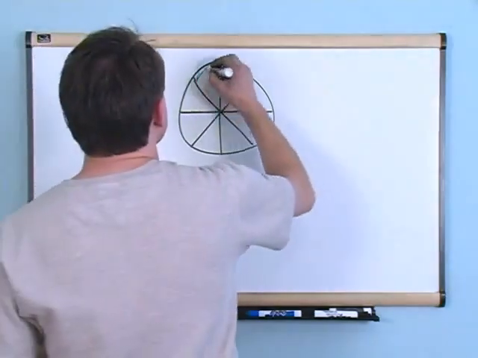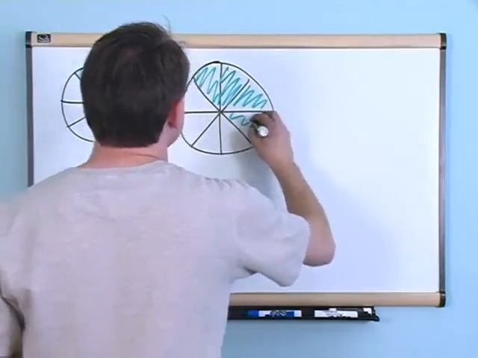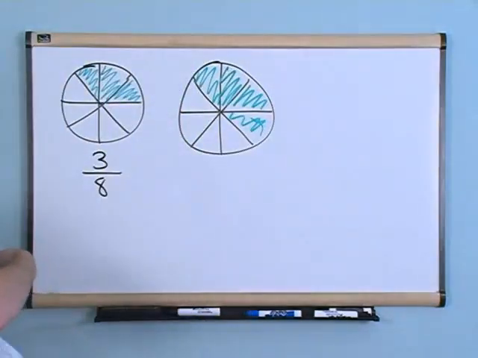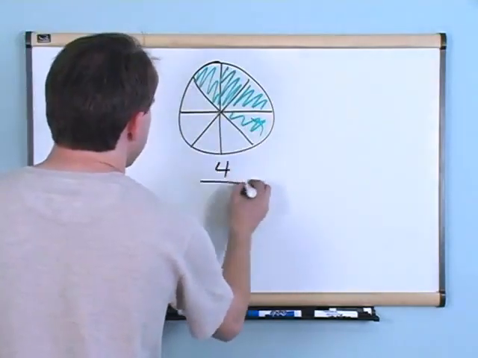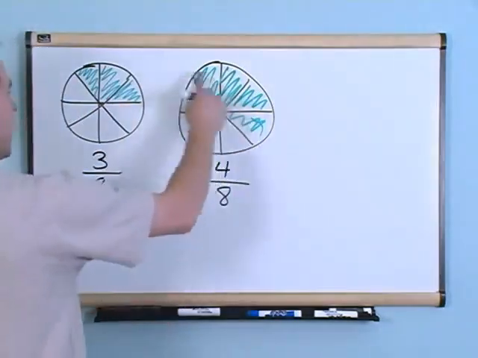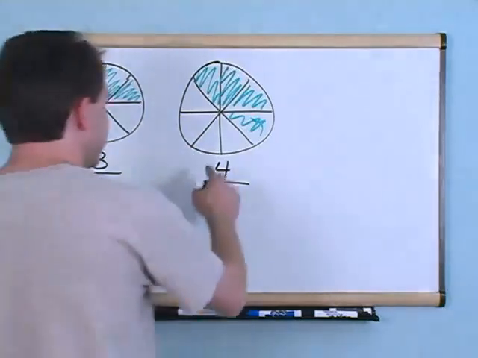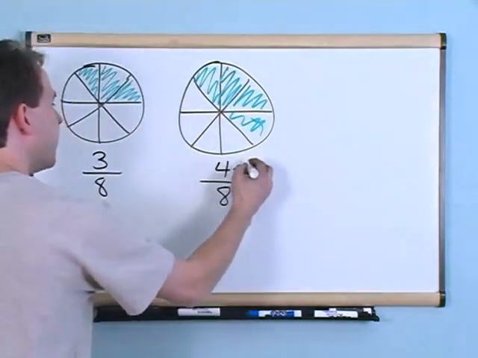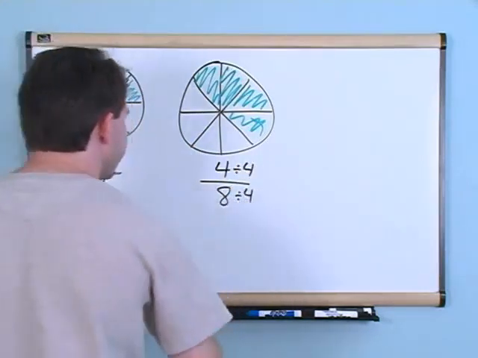But let's go over here and take 1 piece, 2 pieces, 3 pieces, 4 pieces, and let's see what happens. This fraction is going to be 4 pieces out of a total of 8. Again, it's the same 8 pieces. Can you simplify this fraction? Yes, you can, because you can divide the top by 4, and you can divide the bottom, again, by 4.